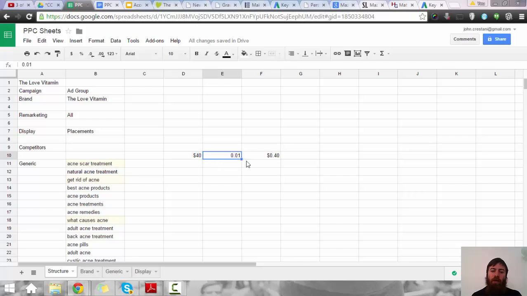If 1% of people convert, say 40 cents. So maybe we're willing to bid 40 cents on each of these ad groups. So now we can justify building out a large number of ad groups just to see where we can possibly get clicks. If we bid 40 cents on each of them, it makes our job easy, because all we're really doing is asking what's going to give us traffic.